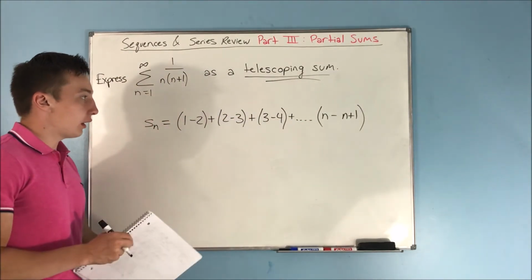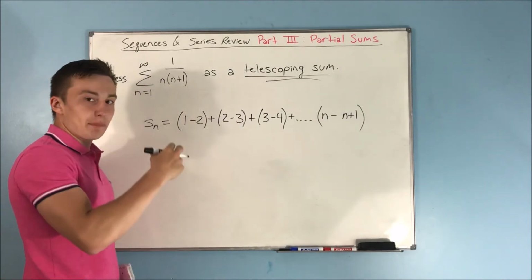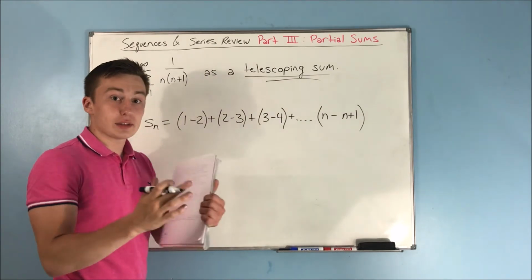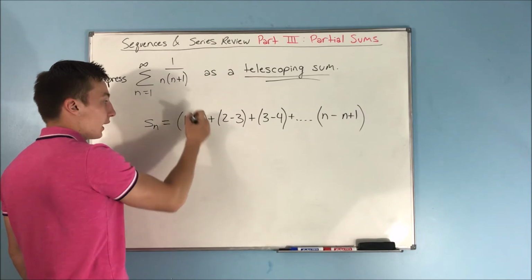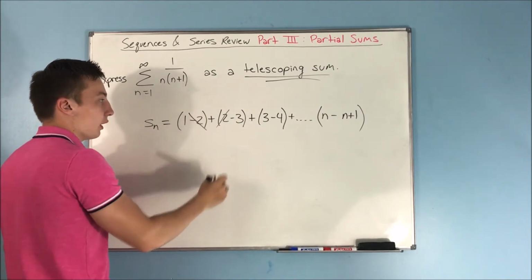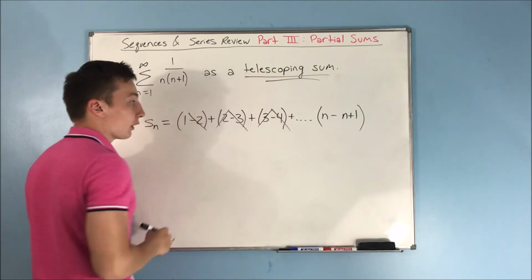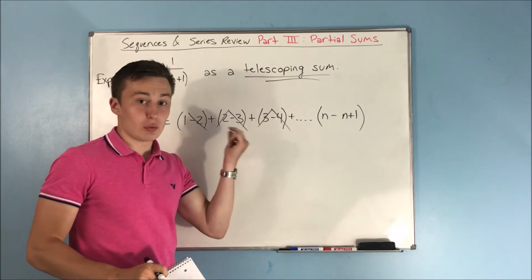Now what you see here is a telescoping sum because it starts collapsing, like a pirate's telescope. It starts collapsing because this negative a2 cancels out with this positive a2. The negative a3 cancels out with the positive a3. Negative a4 is going to cancel out with the a4 that will come right after this, in the next parentheses over.